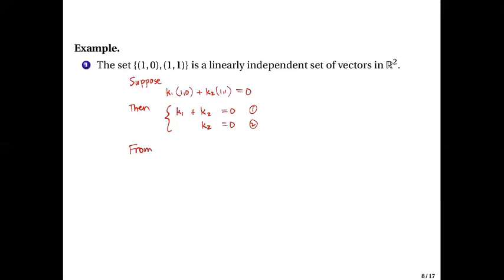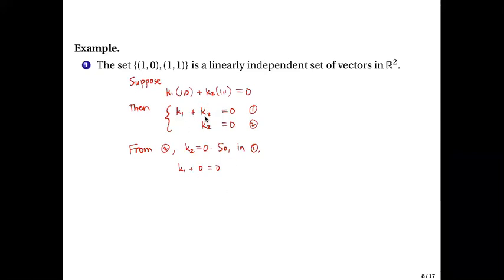From equation 2, k2 is definitely 0. So in equation 1, you have k1 plus 0 equals 0.